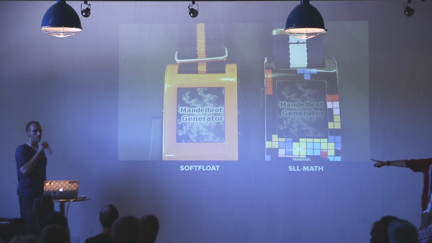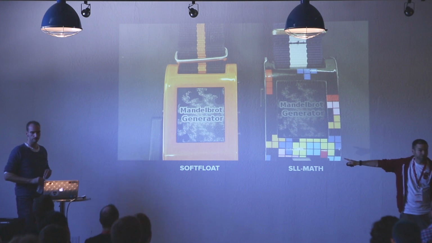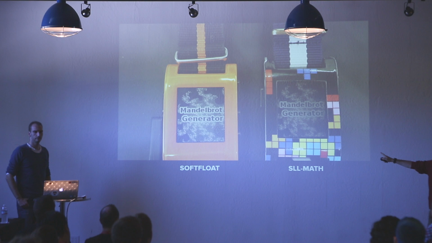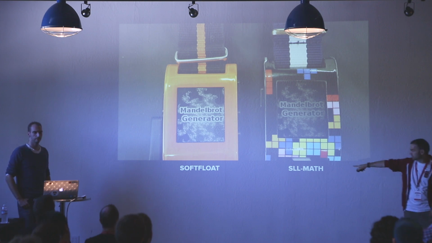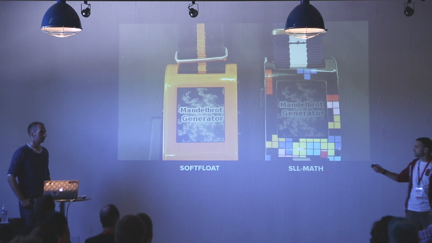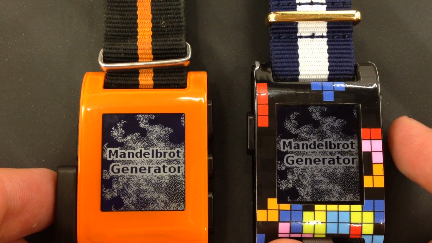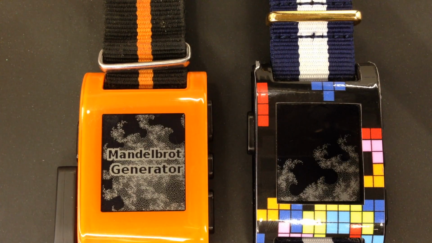So here I have, on the left, the software floating point version of the Mandelbrot app I just mentioned. And on the right, I have one that's using fixed point wrappers for Sine Long Long Math. This is the exact same application compiled two different ways.